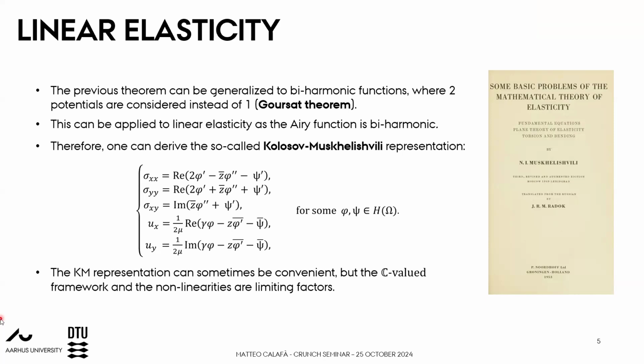Matteo, this is Suku here from Davis. I had a follow-up question to what George asked. Typically the challenge with elasticity and neural networks is in imposing traction boundary conditions, the traction-free condition.